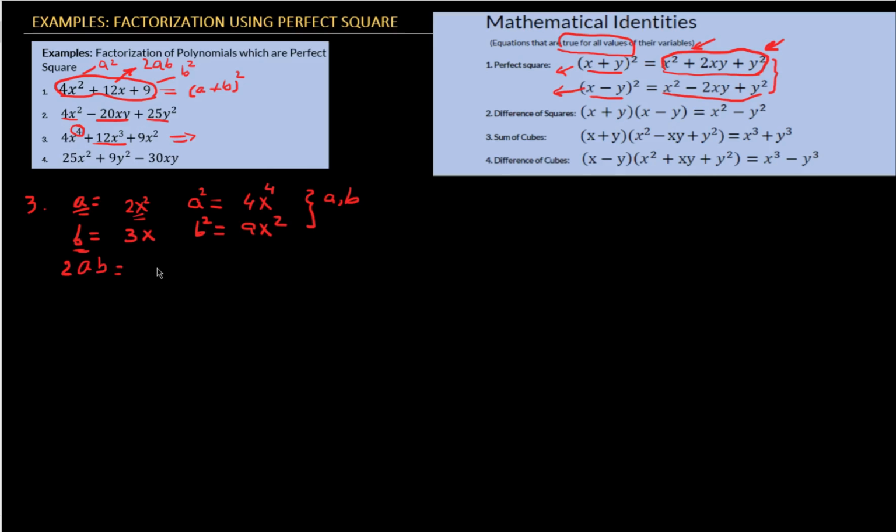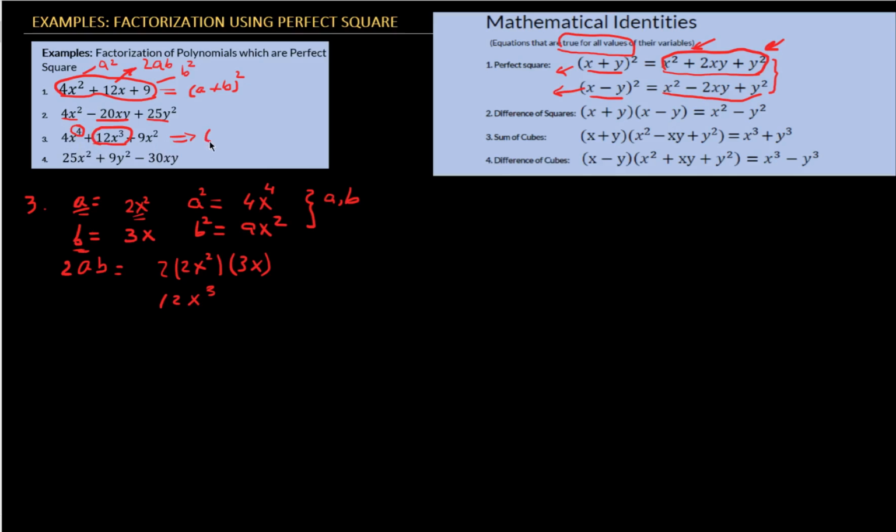So what is 2ab? 2 multiplied by a is 2x square, and b is 3x. So 3 into 2, 6 into 2, 12. x square multiplied by x is x cube.